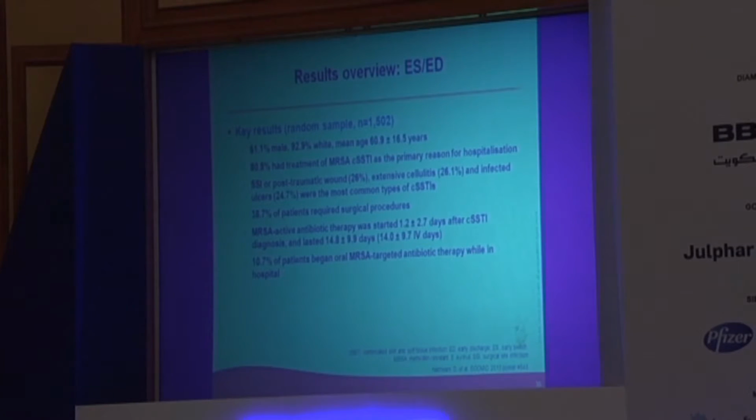And what we found was a patient population familiar to the slides I showed you on that first slide: extensive cellulitis, infected ulcers, some diabetic foot infections, but without osteomyelitis. Many of them required surgical procedures, and the key message was that all of them had to have proven MRSA infections, as opposed to the first study I showed you, which would be skin and soft tissue from any pathogen, not only MRSA.